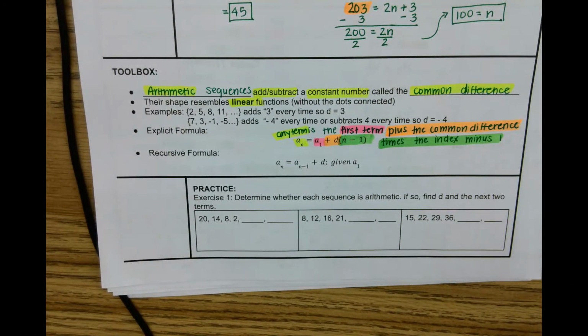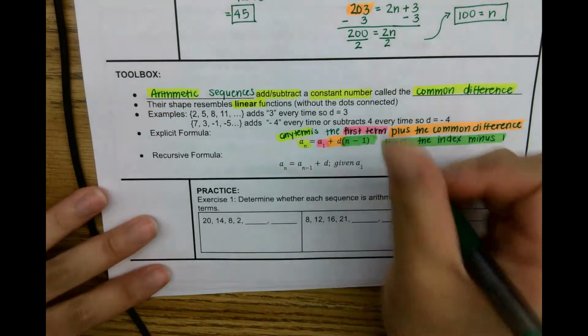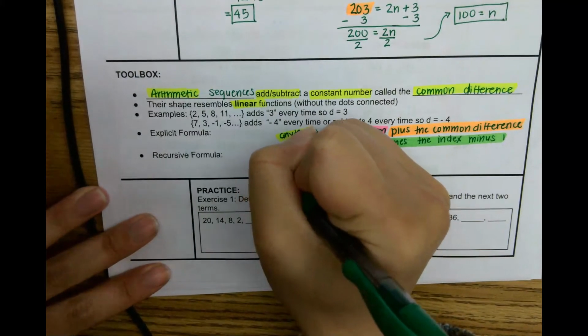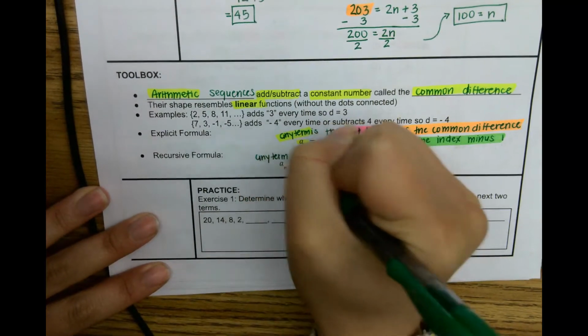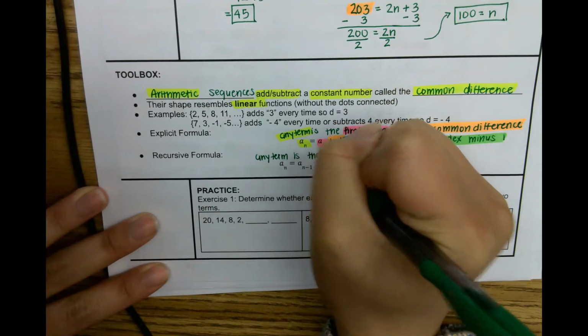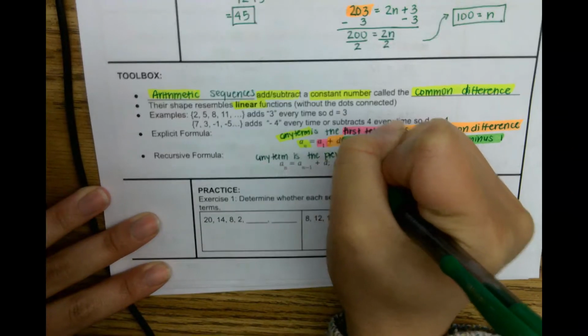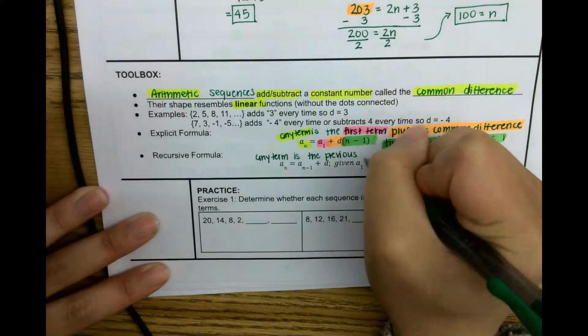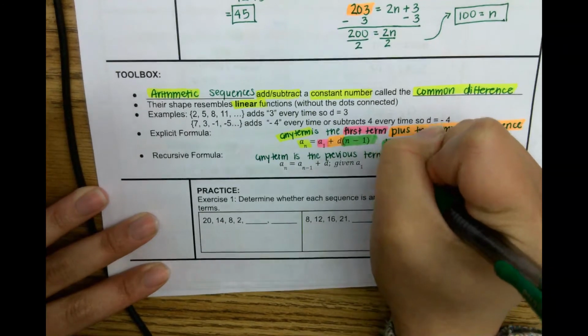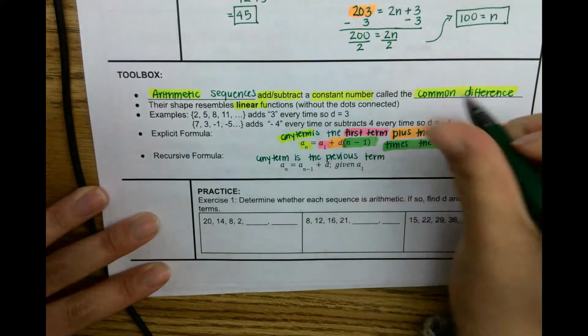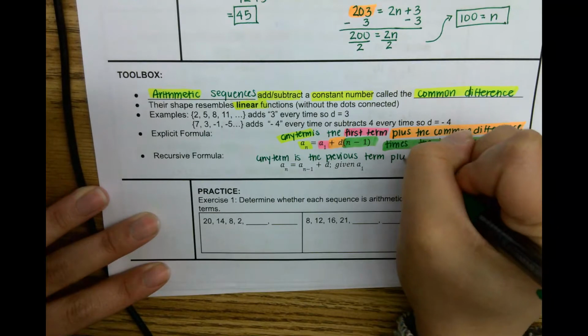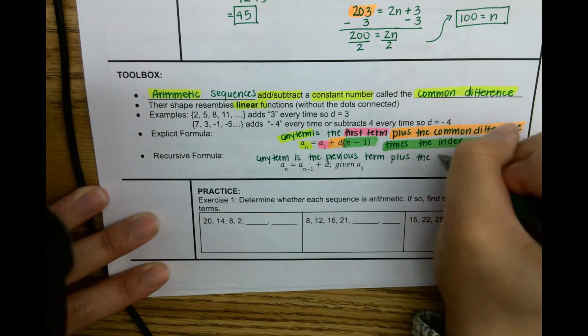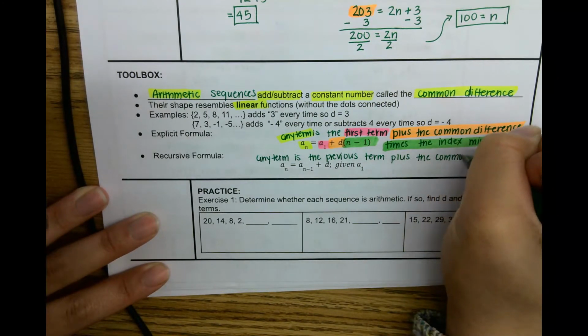Versus the recursive formula here is any term is the previous term, did I spell previous wrong? Okay. Previous term plus the common difference.